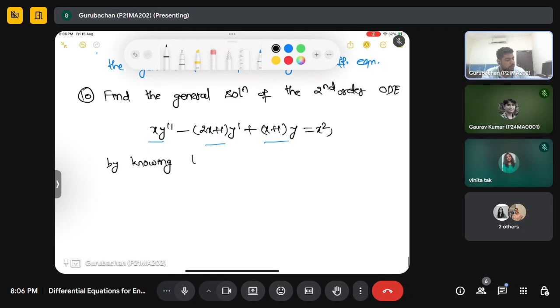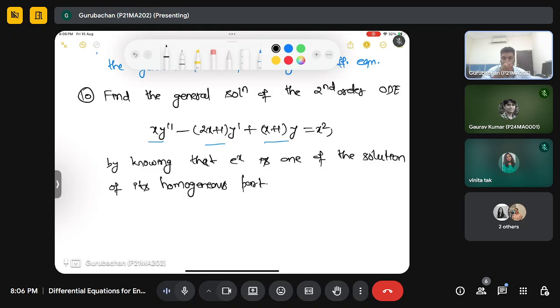Knowing that e to the power x is one of the solutions of its homogeneous part, in the last tutorial we learned that if we know one solution, then with the help of the Wronskian we can find the other solution by Abel's formula.